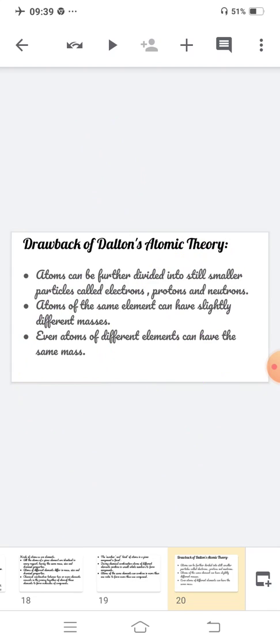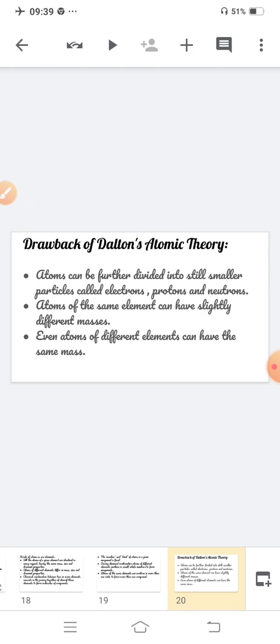Is this clear? The mass of atoms of the same element can be slightly different. Slightly means plus 0.001 or minus 0.001. Is this clear? Even atoms of different elements can have the same mass. Mass also can be the same.